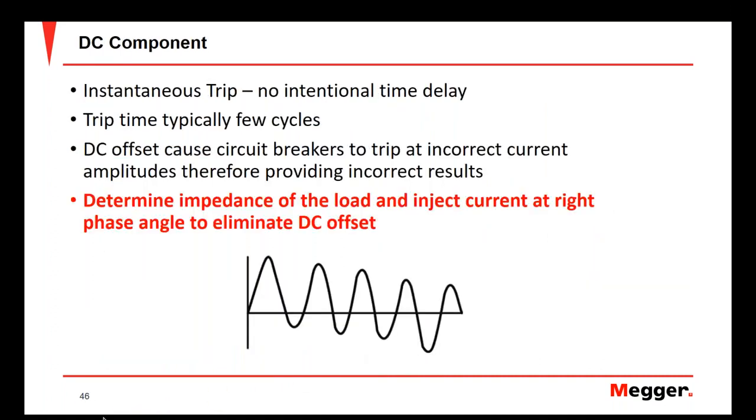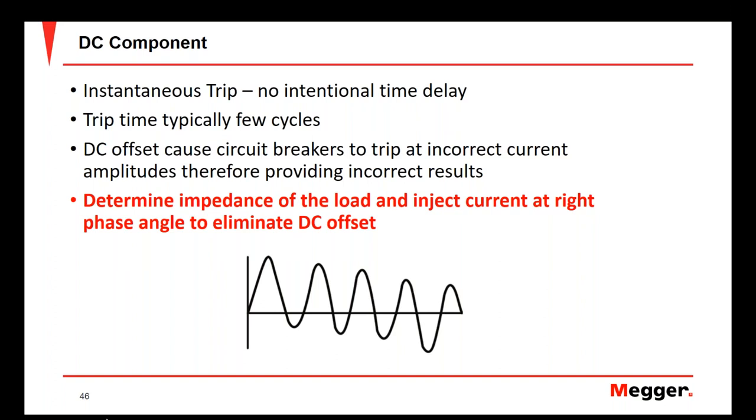Also, something that we have to consider is a DC offset situation that can occur whenever we do an instantaneous trip on a breaker. The presence of a DC offset in the current pulse can cause errors during an instantaneous test. This DC offset will occur as a result of the reactance to resistance ratio of an inductive circuit.